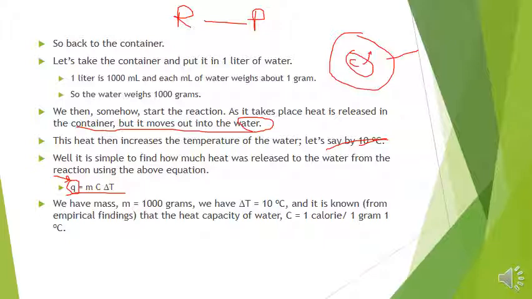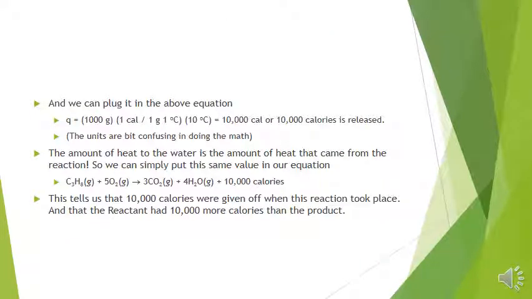I know the mass of the water, it's 1,000 grams. I know the heat capacity of water, I gave that to you before. And I know the temperature change is 10 degrees. Do the math: 1,000 grams times 1 calorie per gram per Celsius times 10 Celsius, and you end up with 10,000 calories.